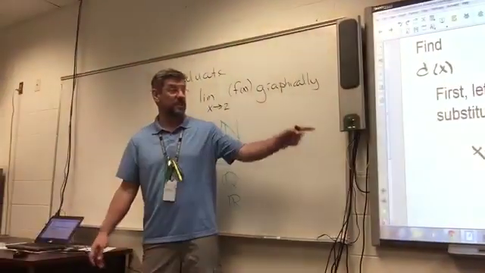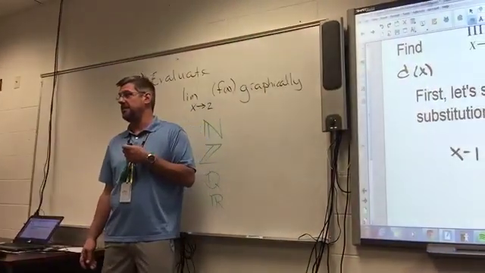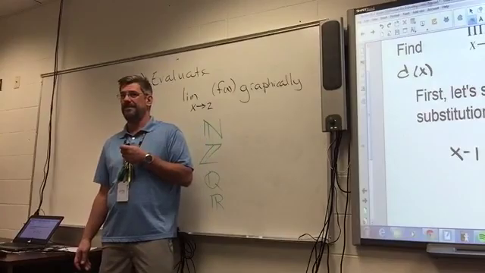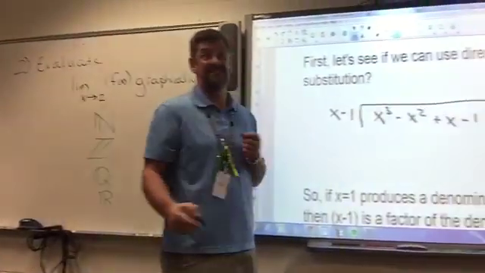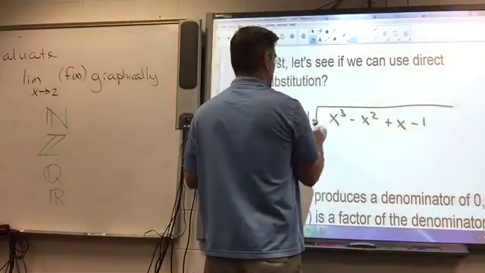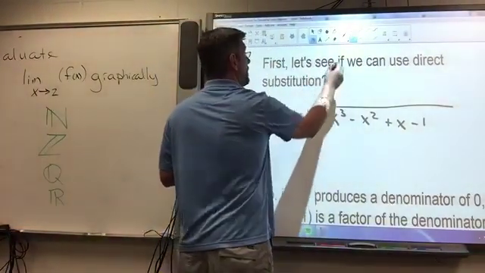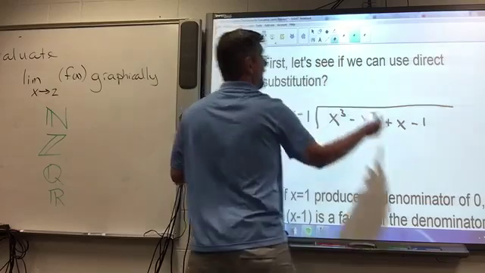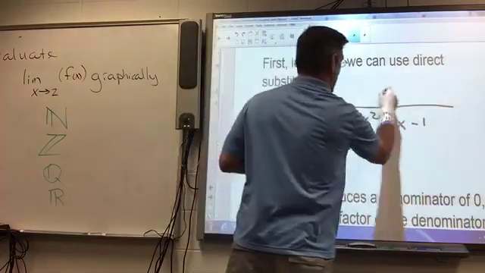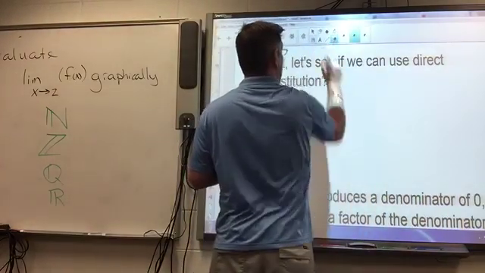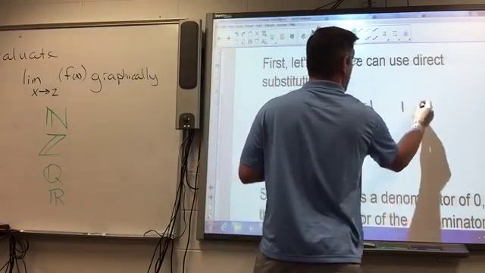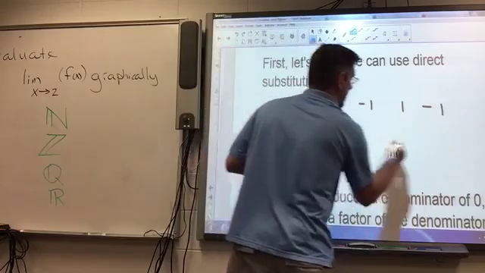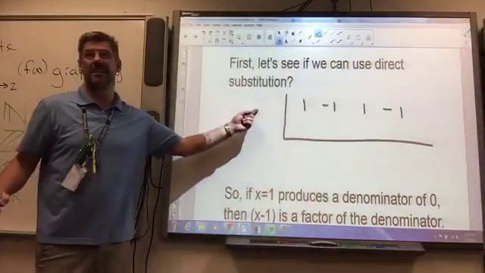Do I want to do division this way, or do I want to do synthetic division? We can do that. The other class said the other way, but we can do synthetic. So let's do synthetic division. It's 1, negative 1, 1, negative 1, right? And what number goes out here?